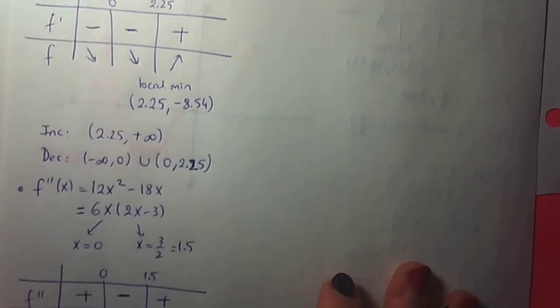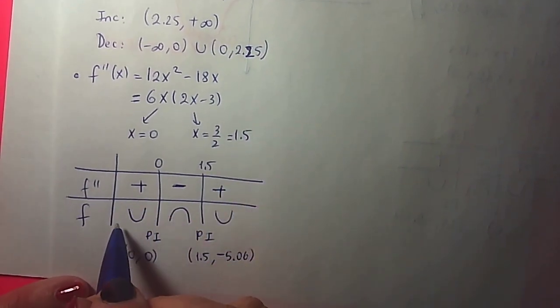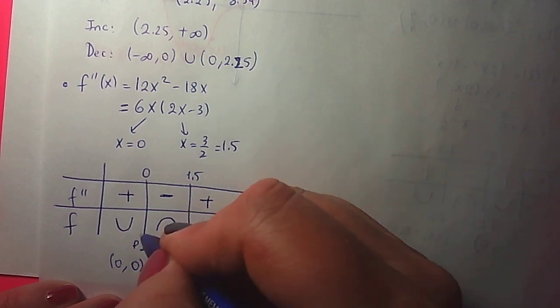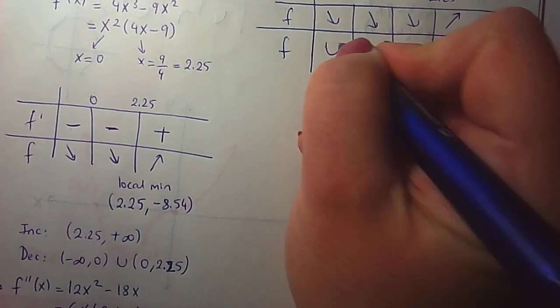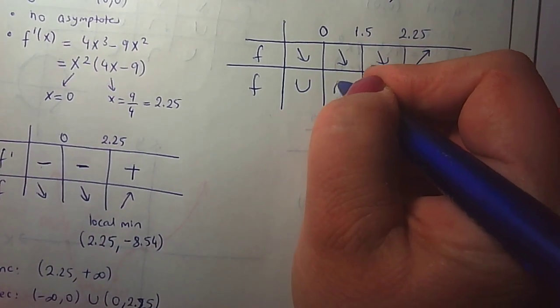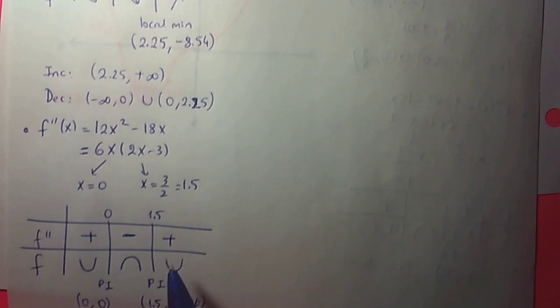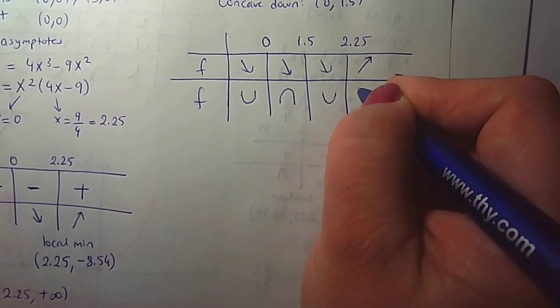Now let's look at the second derivative test table, and we see from negative infinity to 0, f is concave up. Between 0 and 1.5, it is concave down. When x is greater than 1.5, it is concave up.